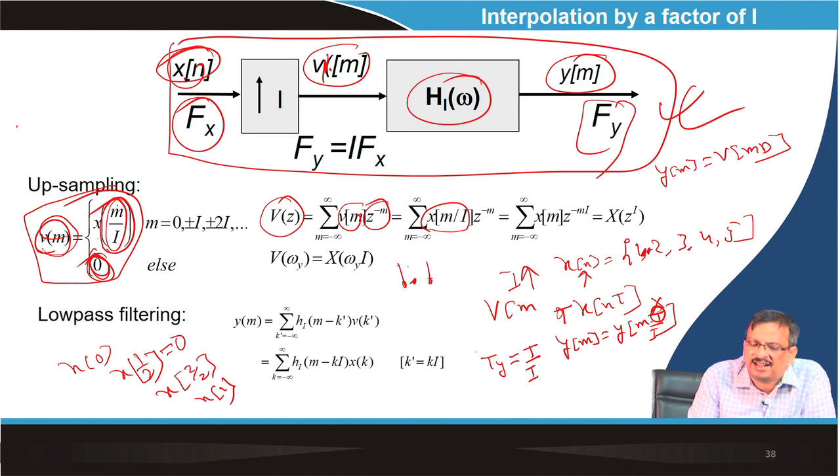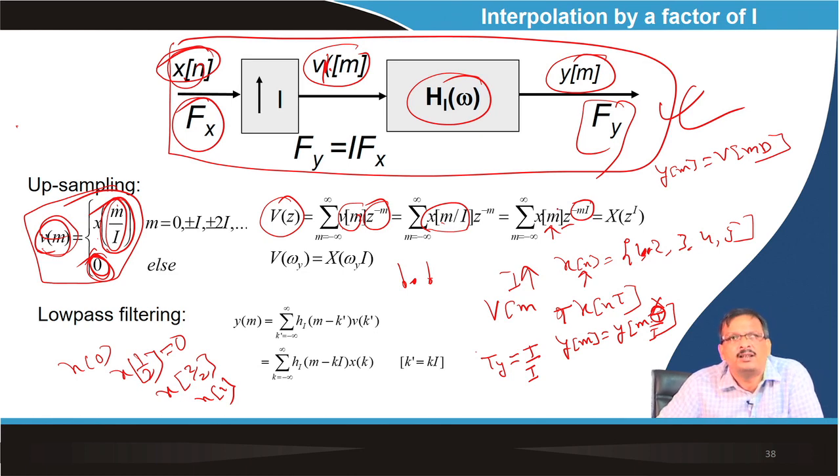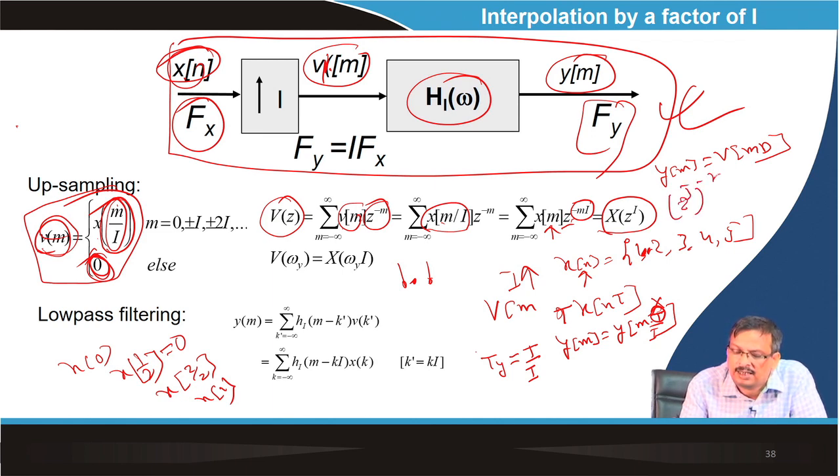Again if I change the index, it will be x of m and z to the power minus mI. So I can say this is nothing but x of z to the power I, because z to the power I, whole to the power minus m.